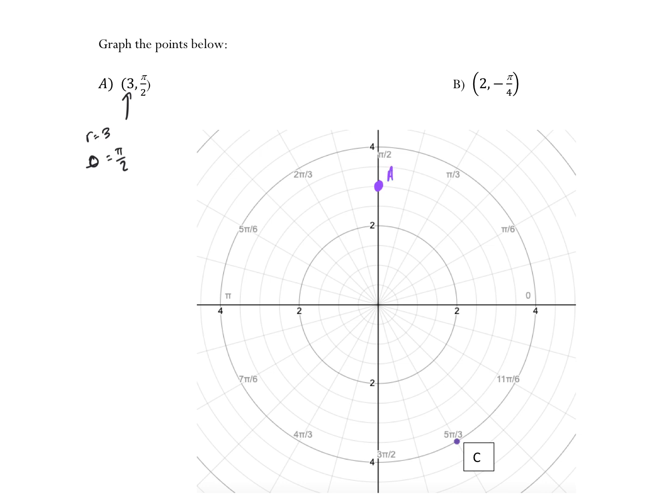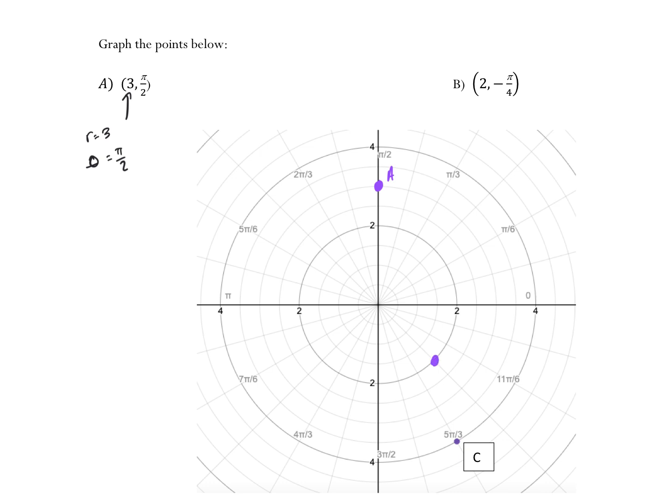So that's point A. So where would the point (2, negative pi over 4) be? Or 5 pi over 4. 7 pi over 4. Yeah, in between.